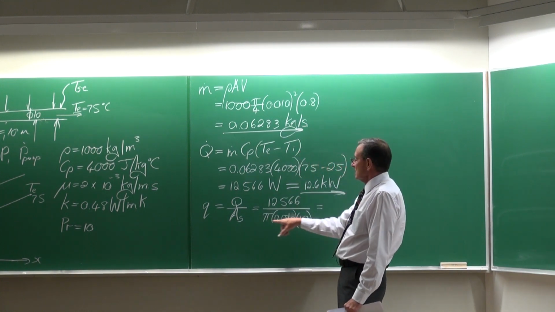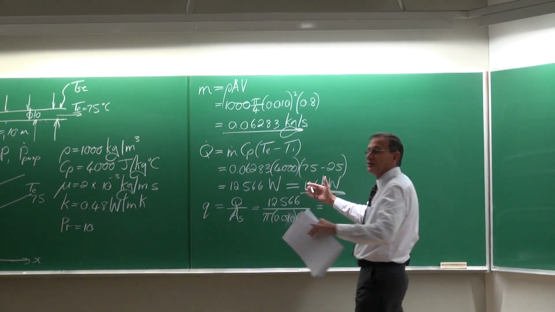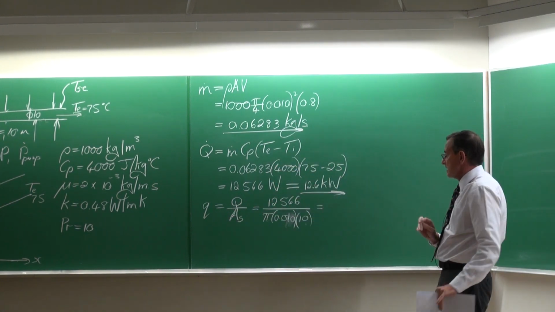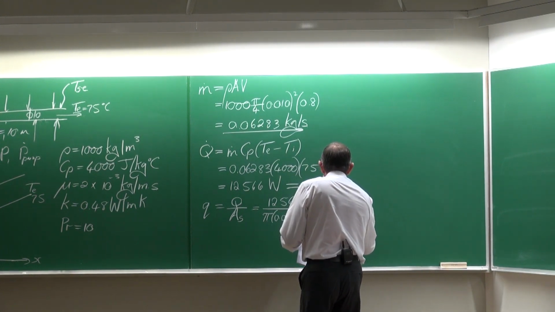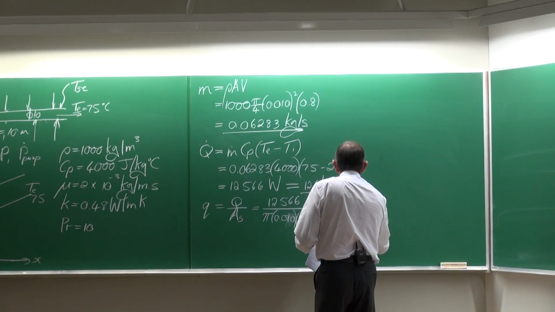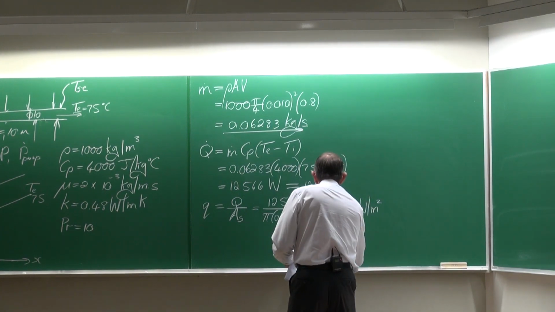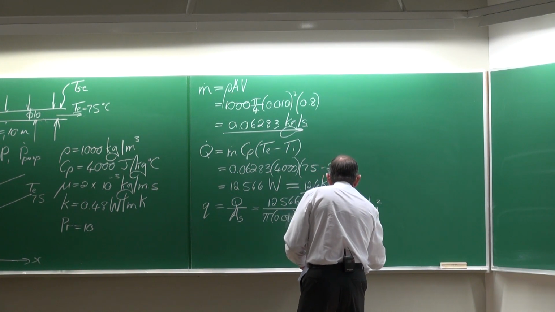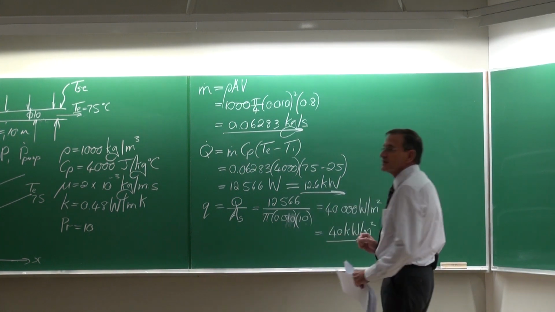So the surface area is pi multiplied by the outside diameter, multiplied by the 10 meters in length, and the heat flux is therefore equal to 40,000 watts per square meter, which is equal to 40 kilowatts per square meter. This is an engineering answer.